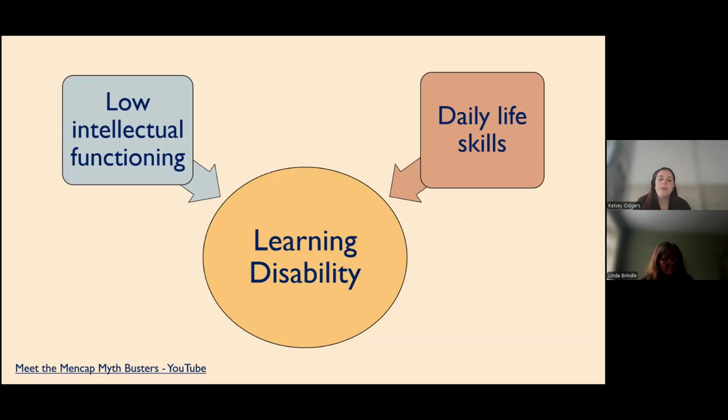And this really refers to general intelligence and skills, and importantly means that very low functioning across a wide range of cognitive areas needs to be present for this to be made. So it could be areas such as memory, problem solving, learning, and language. So it's about that general low functioning in these areas and not just deficits in specific skills.